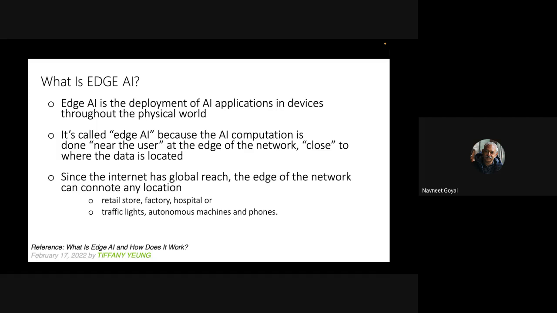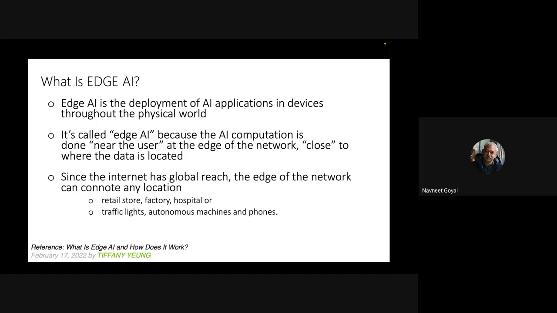So how do I take AI to these devices? It's called Edge AI because the AI computation is done near the user, I'm not saying at the user, and at the edge of the network, close to where the data is located.